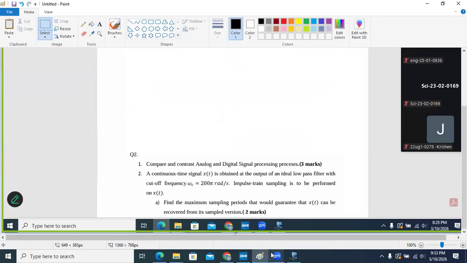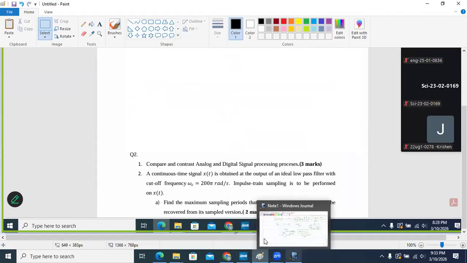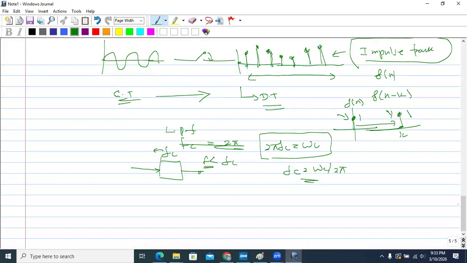We know that the equations are given in the exam tutorial. You know that omega is equal to 2πf, and f is 1 over T, where T is the period.